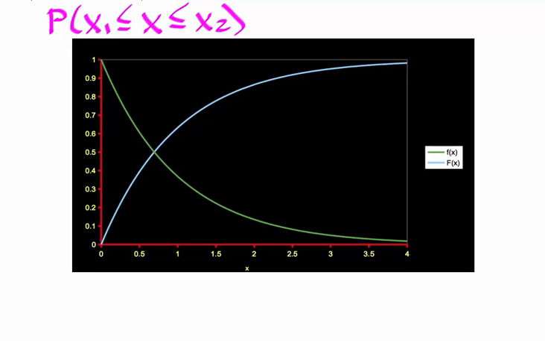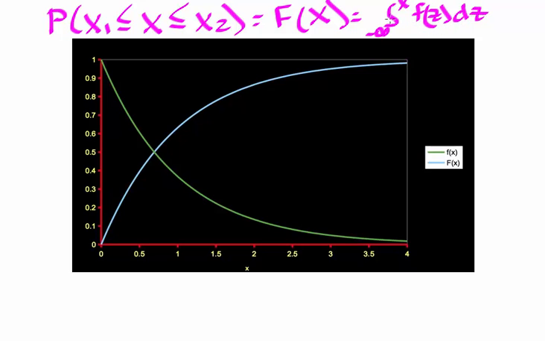We know that F of x is equal to the integral from negative infinity to x of the PDF, which we represent as f of z dz.